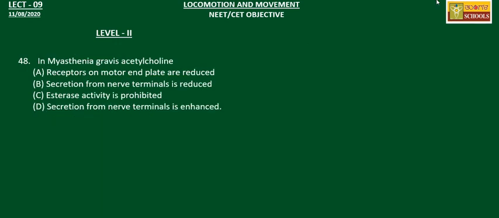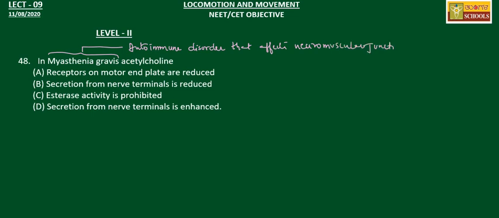So the next question, in myasthenia gravis acetylcholine. Here myasthenia gravis is an autoimmune disorder that affects neuromuscular junctions or motor end plates.